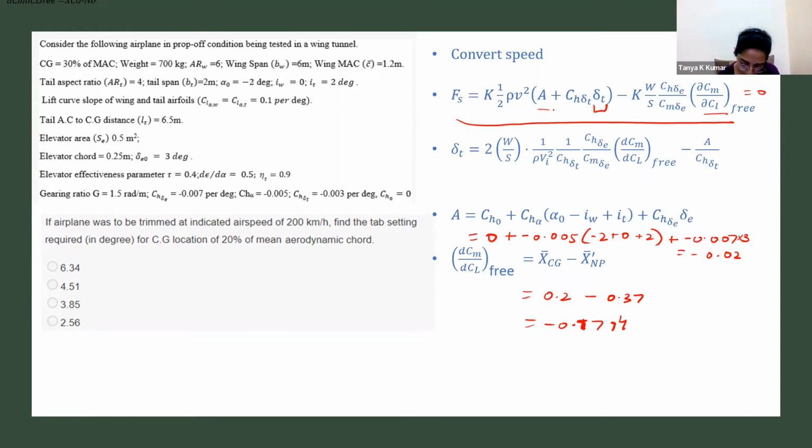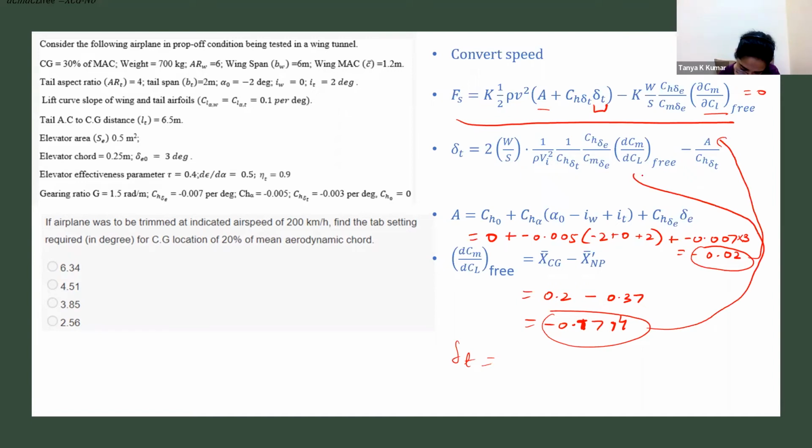Substitute these two quantities and you get your delta T. This is your A, it goes here and this goes in here. When you substitute, how much do you get? Just substitute all the values. So 2, weight is 700, times 9.81, by the surface area of the wing.